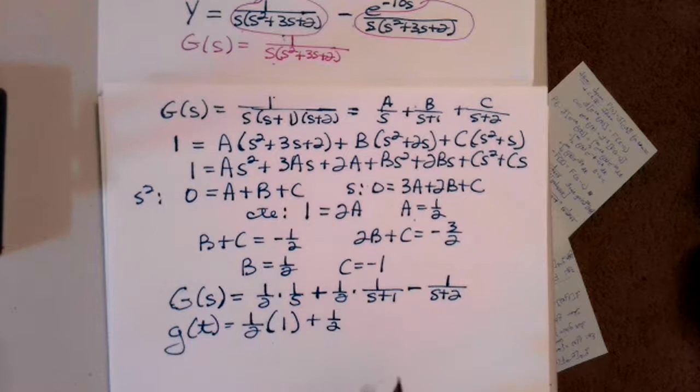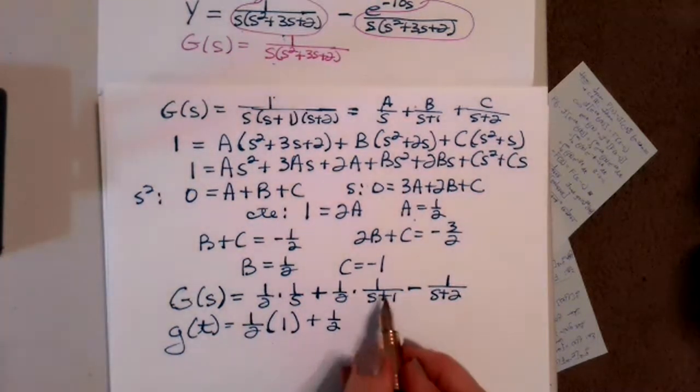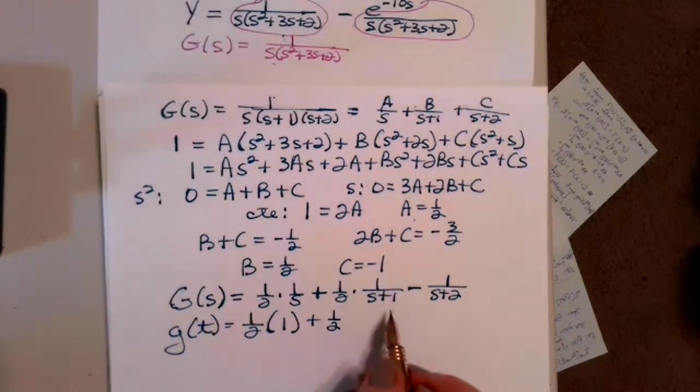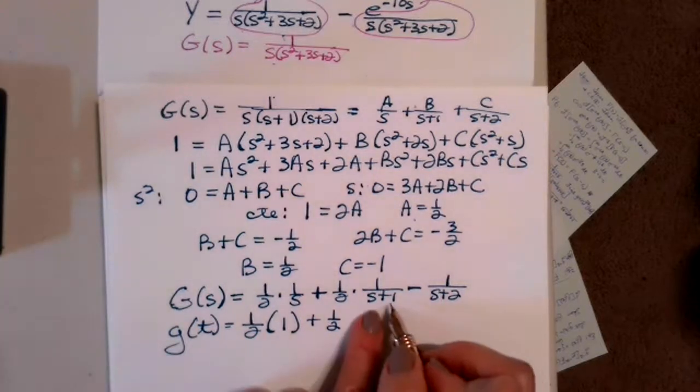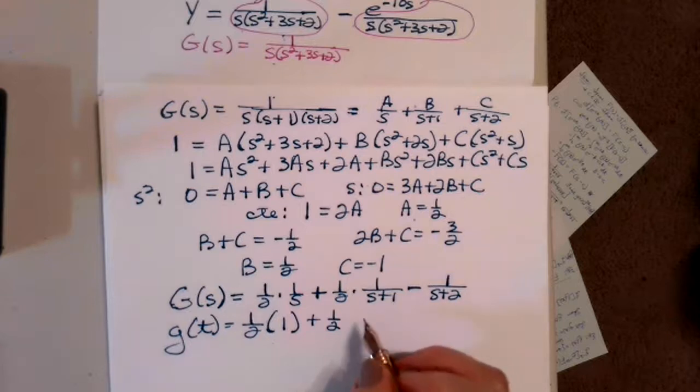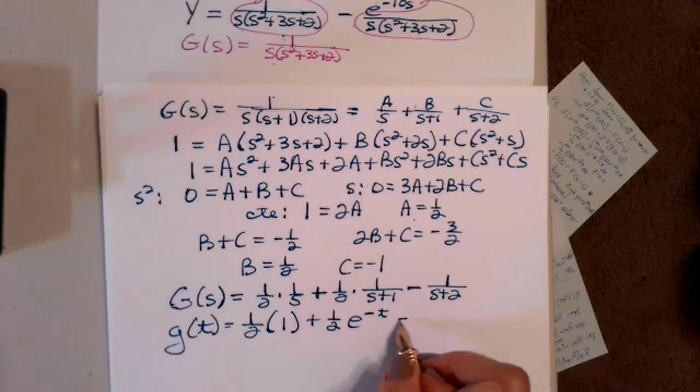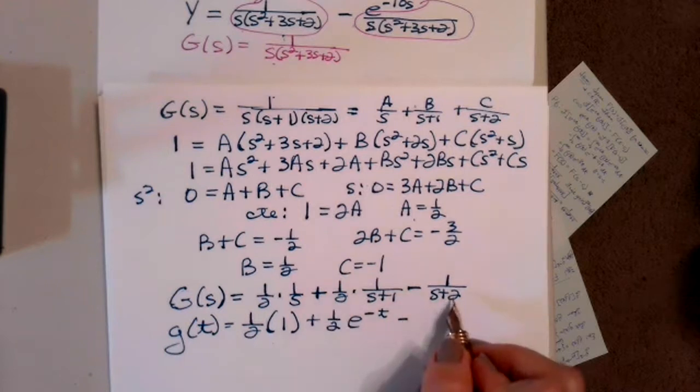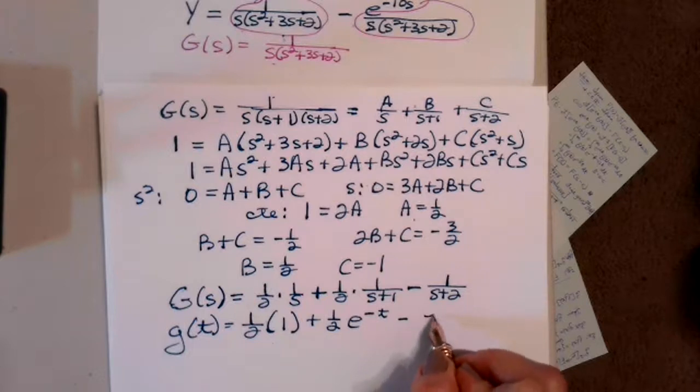That's line 1. If you look up the inverse Laplace transform of 1 over s minus a, you will get e to the at. So here, s minus a means a is minus 1. So I get e to the minus t times a half. And here it's the same thing, but a is minus 2. So you get e to the minus 2t.